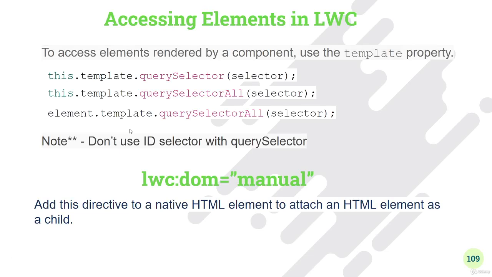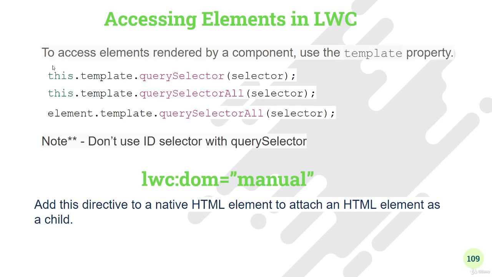As you know, in our JavaScript section, we learned about query selector and query selector all APIs of document. And at that time I told you that in LWC, it's going to be the same behavior except for the way we access it. So whenever you want to fetch any element from the HTML, we use this dot template dot query selector.